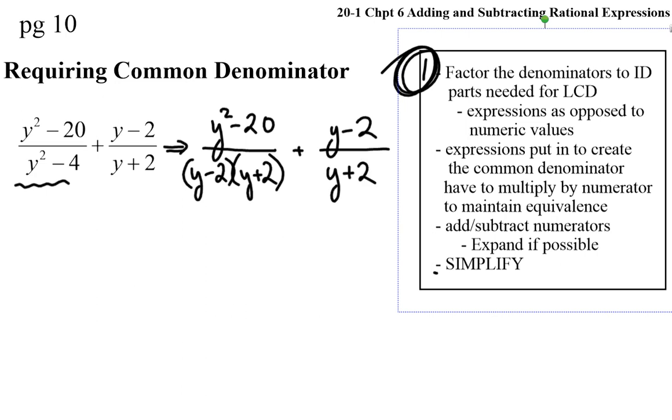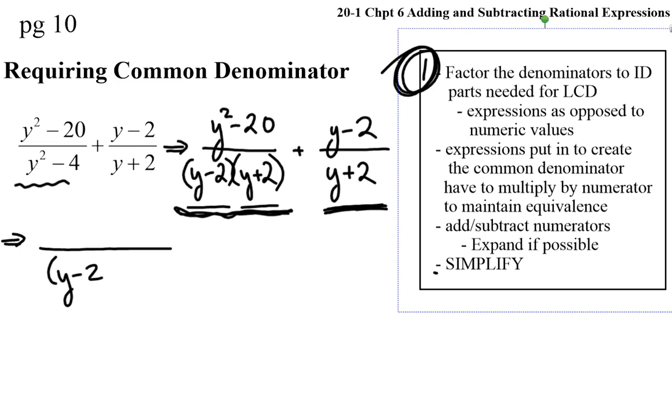So we've factored, and now we have expressions, but we need all of the exact same expressions in our denominator. We have a y minus 2 and a y plus 2, and we have a y plus 2. This rational here isn't missing any factors that the other rational has. So right now, y minus 2 and y plus 2 is a good start for the denominator.